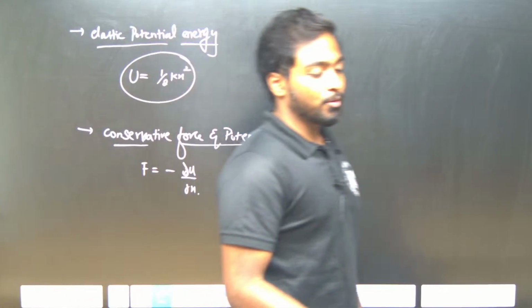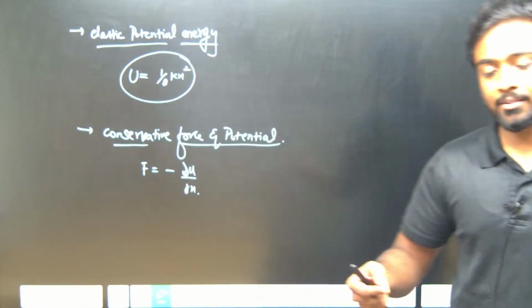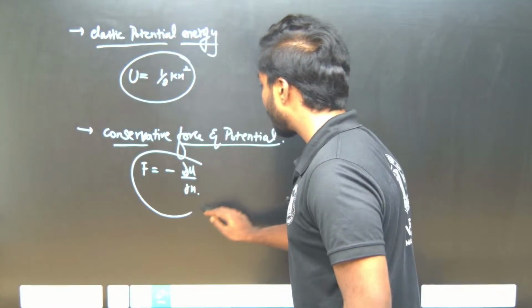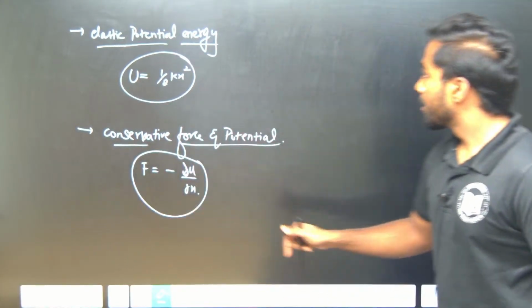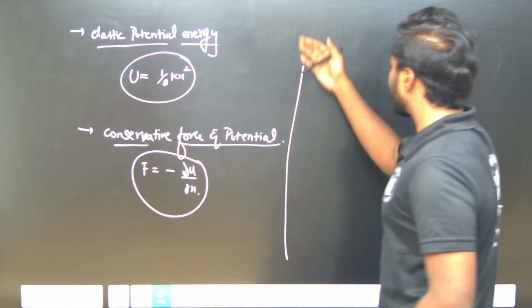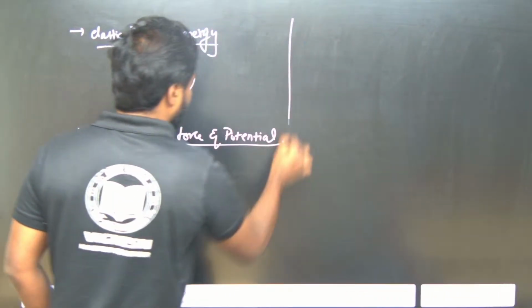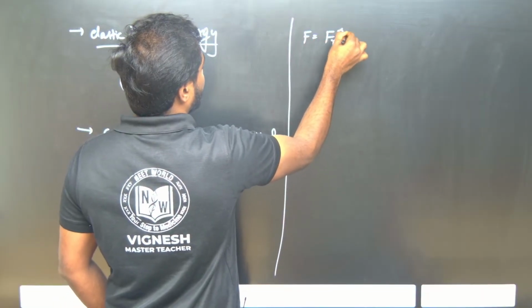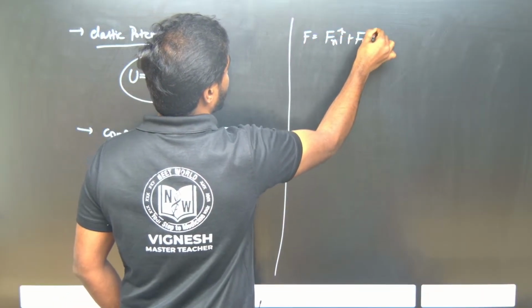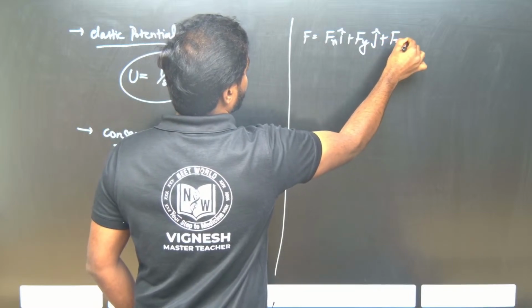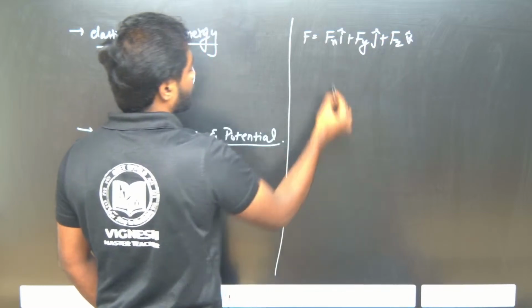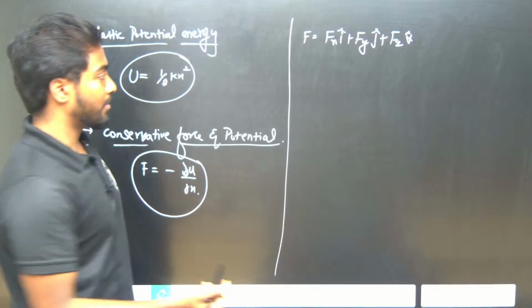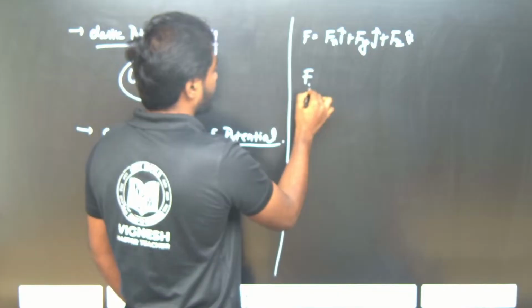Suppose F is given in terms of x, y or z. As of now we are talking about only one axis, the x axis. In case they mention that F is equal to fx i cap plus fy j cap plus fz k cap, how should we take the potential? It's a good question.